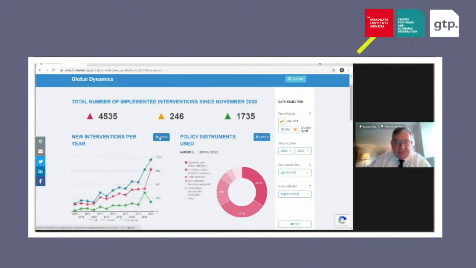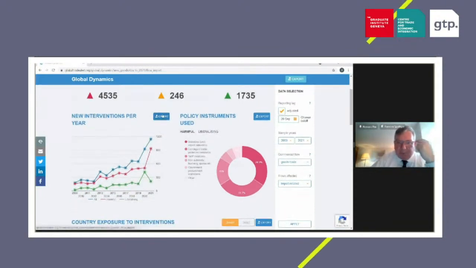Now, you'll notice that there are different export buttons all over the website. If you see a chart that you like, you can click on this export button and it will enable you to extract an Excel file with the underlying data. So if you wish to reproduce this data, or perhaps produce a chart which is slightly nicer than ours, or different, you can extract the underlying data for any chart by hitting the relevant export button.